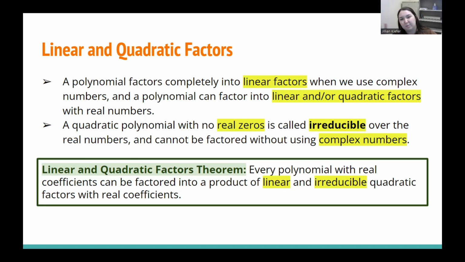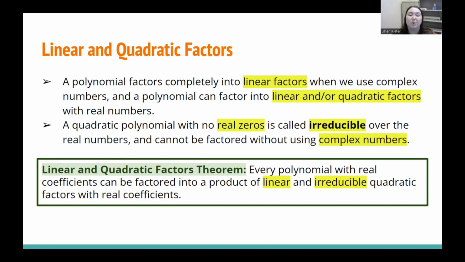So what's stated here is that a polynomial factors completely, so 100%, into linear factors, meaning x minus a number. They're linear because x is technically of power 1, and that's a line. So they're called linear factors when we use complex numbers.